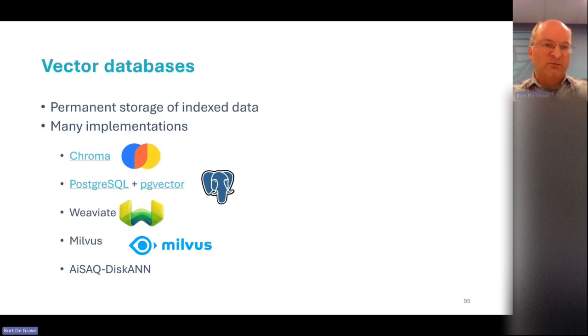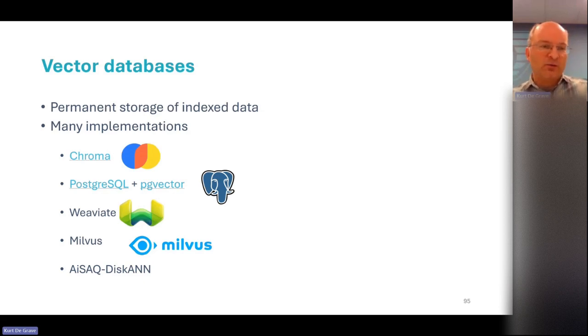Okay, so there are specialized vector databases that store documents and their embeddings. Chroma is well-known, Weaviate, Milvus are the well-known specific vector databases.